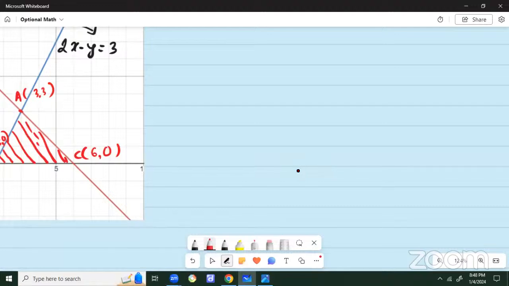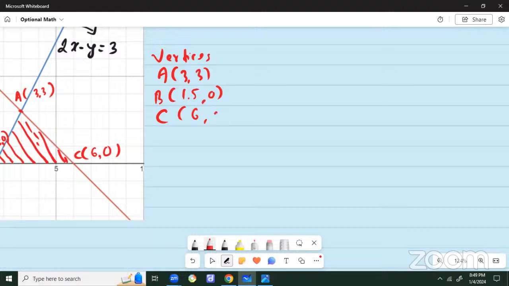So we have to make the table in the examination as well, writing vertices A with the coordinates 3, 3, B with the coordinates 1.5, 0, C with the coordinates 6, 0.